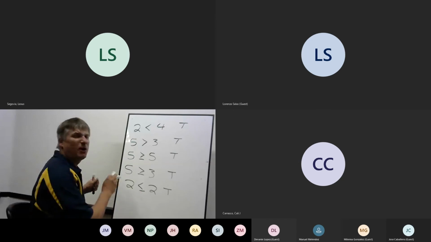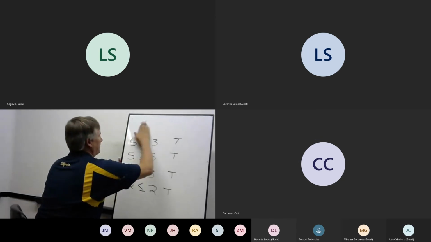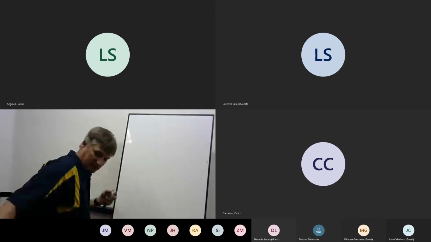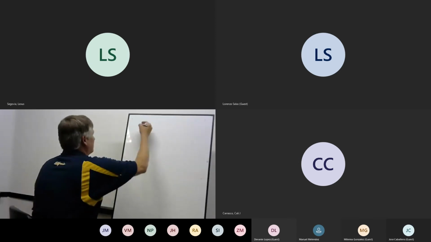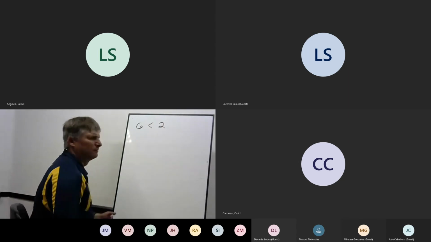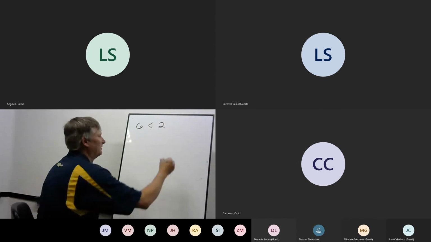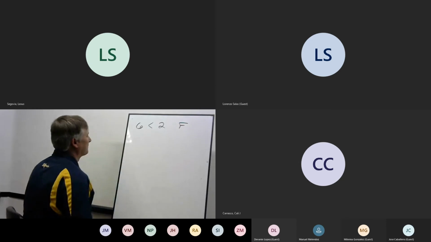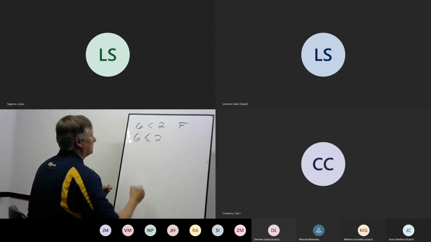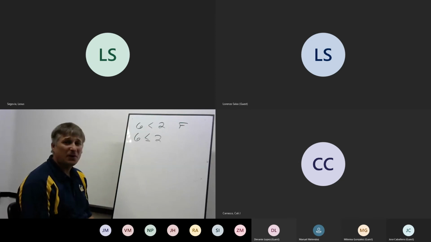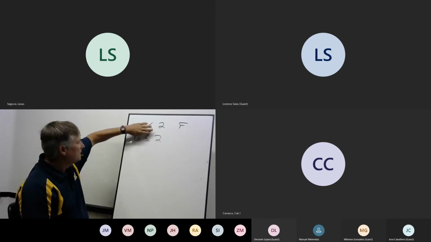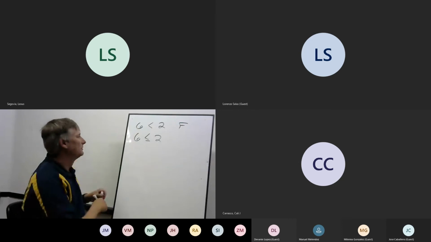But then here are some false ones. 6 is less than 2? No, it's not. That's false. 6 is less than or equal to 2? Well, this is false again. 6 is not less than 2, and 6 is not equal to 2.